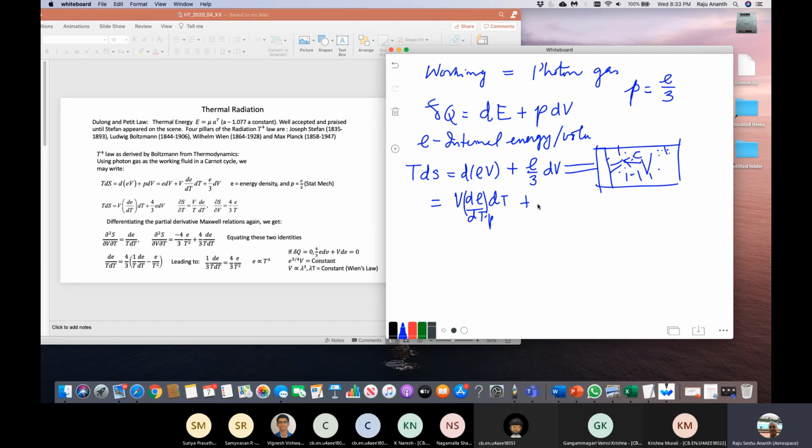So the E dV will be there, plus E over 3 dV. So this becomes V dE/dT dT plus 4/3 E dV.